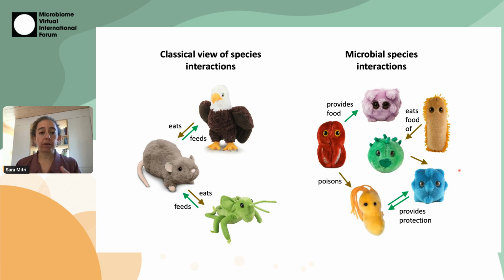And then the interactions are based on different things. So maybe there's one species that provides food for another or kills a different species. Sometimes they make biofilms that might protect each other. So the relationships seem not as obvious or not as structured as, at least, the way we used to think about interactions between species.